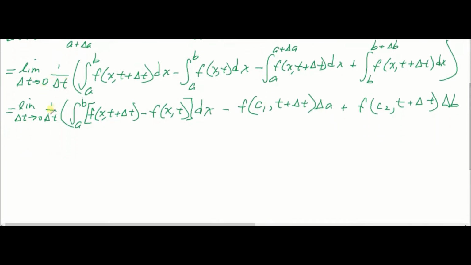What I'm going to do right now is I'm just going to take this 1 over delta t, and let's get rid of it here, and let's put it back. And the only thing left to do now is take the limit as delta t goes to 0.